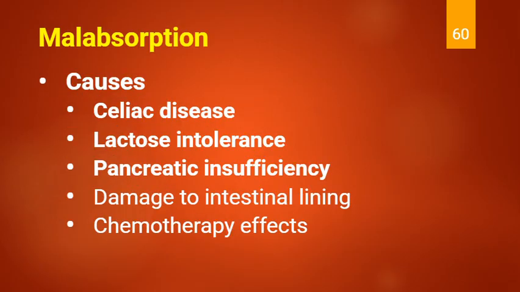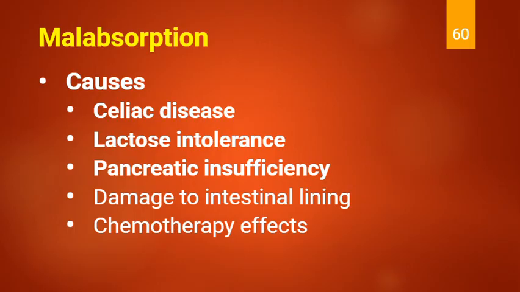Several conditions can cause malabsorption. One of the most common is celiac disease, also called celiac sprue. Celiac disease is an autoimmune disorder in which the body reacts abnormally to gluten, a protein found in wheat, barley, and rye. Another common cause is lactose intolerance, which occurs when the body lacks the enzyme lactase needed to digest lactose, the sugar found in milk and dairy products.